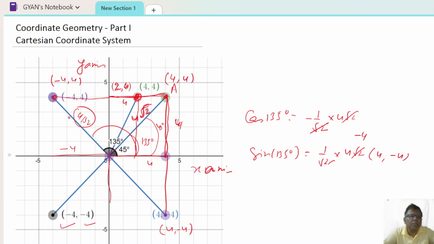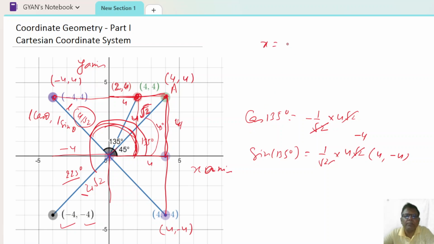So this coordinate is minus 4, 4. That means, suppose this length is L, then the coordinate is L cos theta, comma, L sin theta, where theta is the angle. Similarly here, this angle is 225 degrees, and if this length is 4 root 2, then the x coordinate will be 4 root 2 into cos 225 degrees, that is 4 root 2 into minus 1 by root 2.